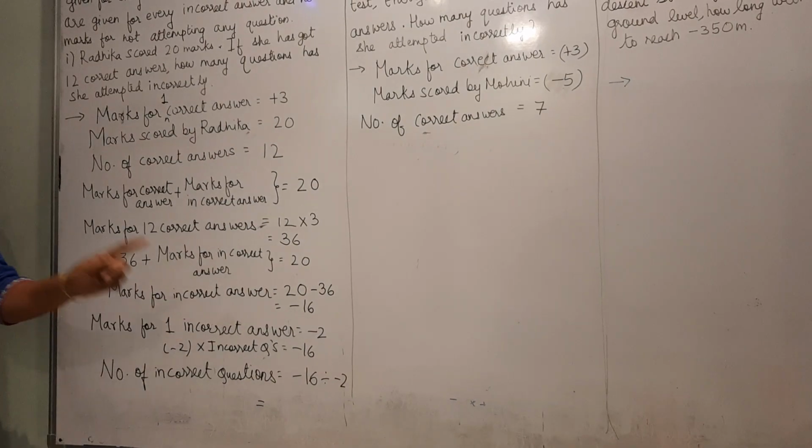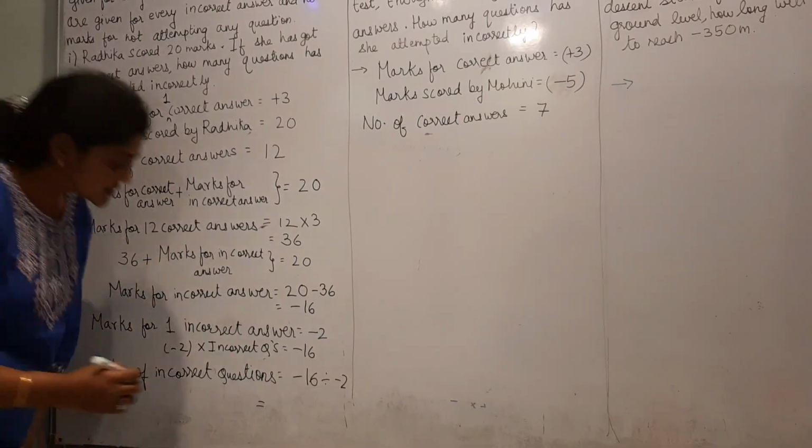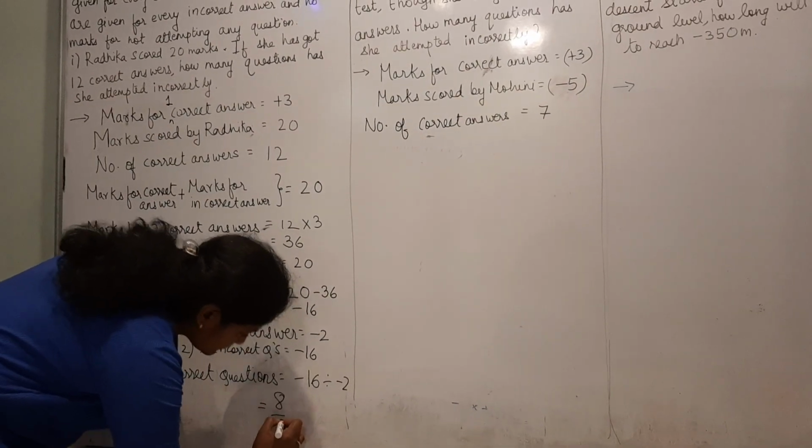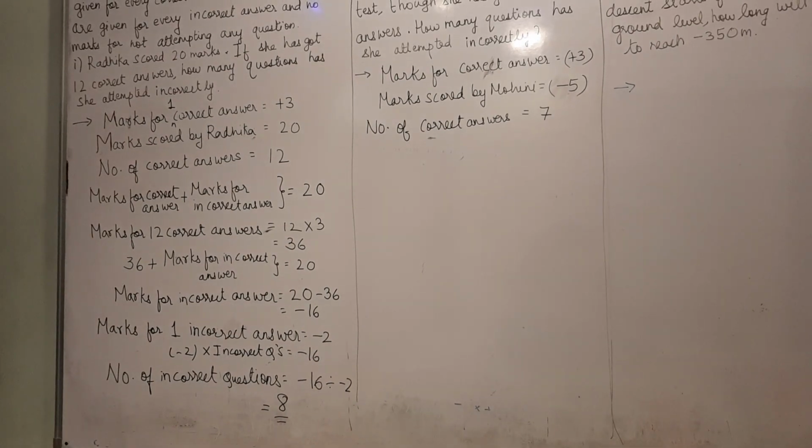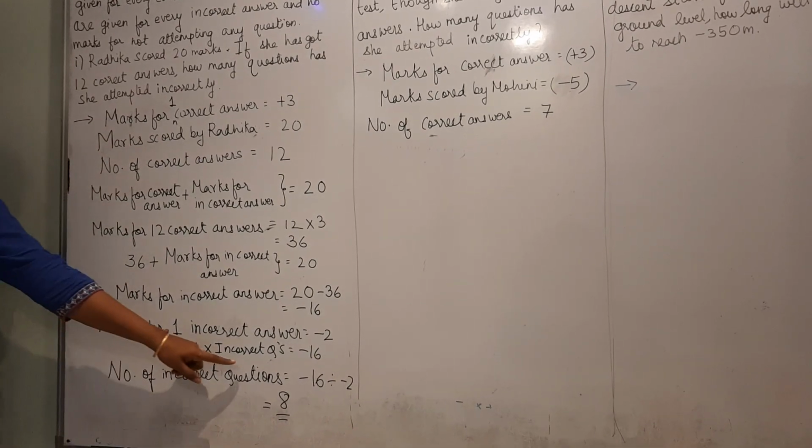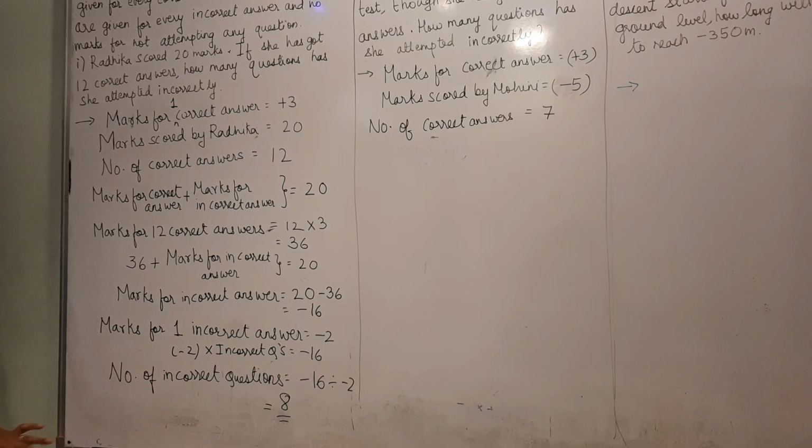Minus divided by minus is always plus. 16 by 2 is 8. So final answer is number of incorrect questions is equal to 8.